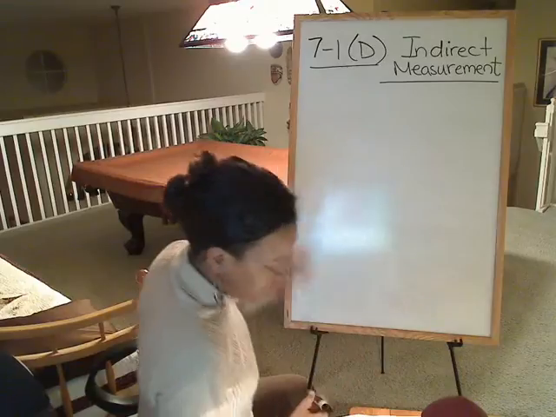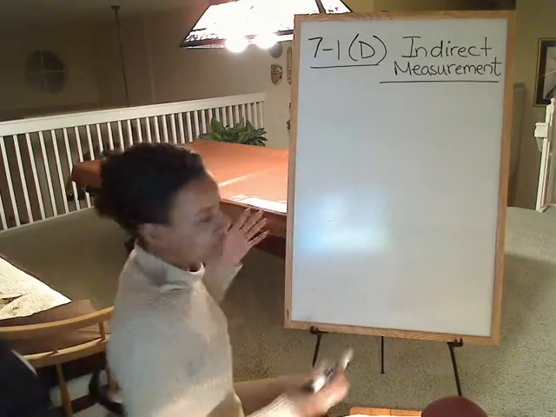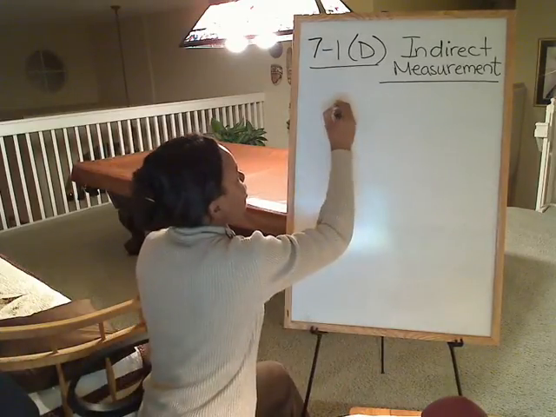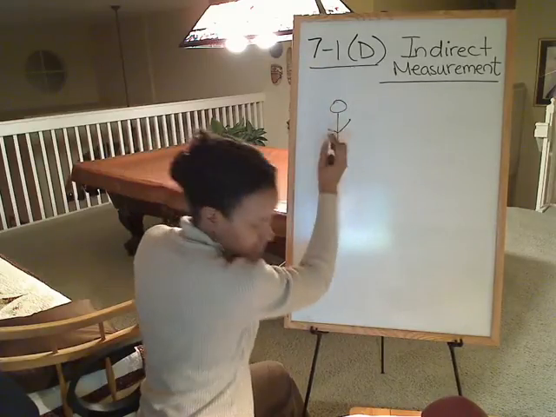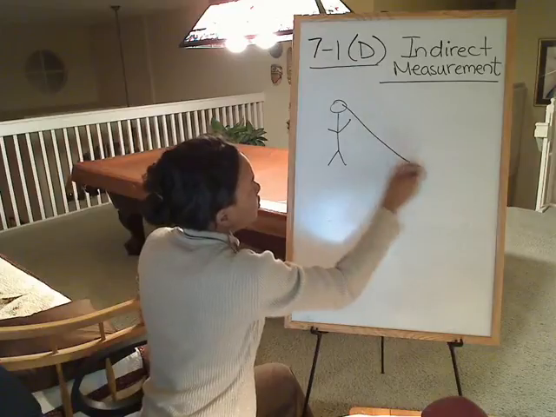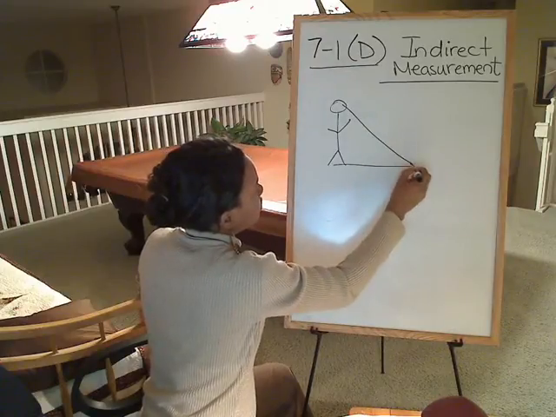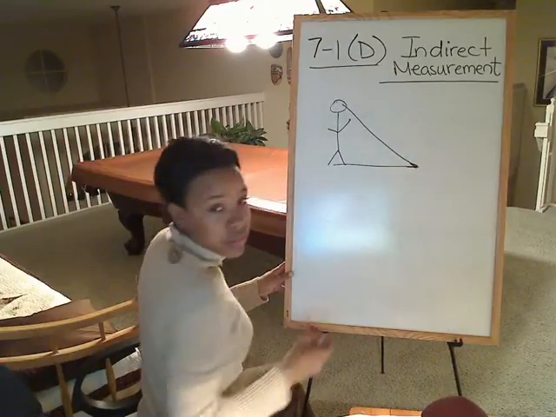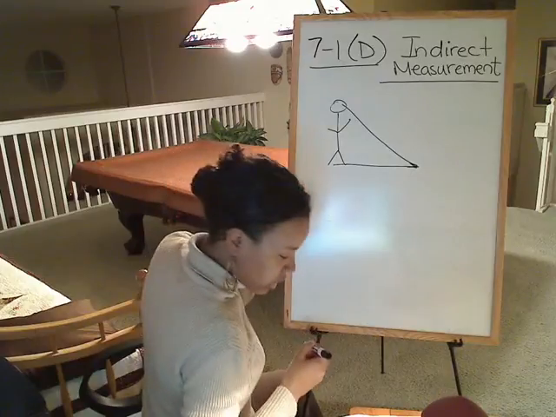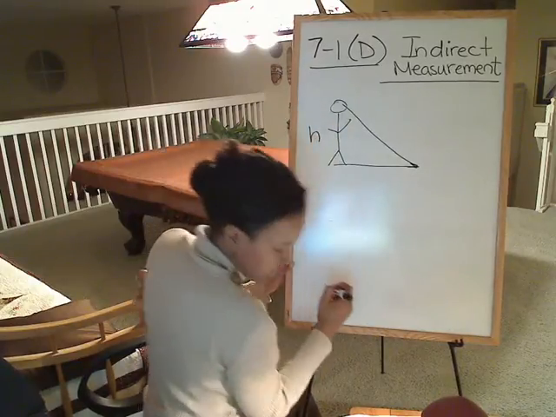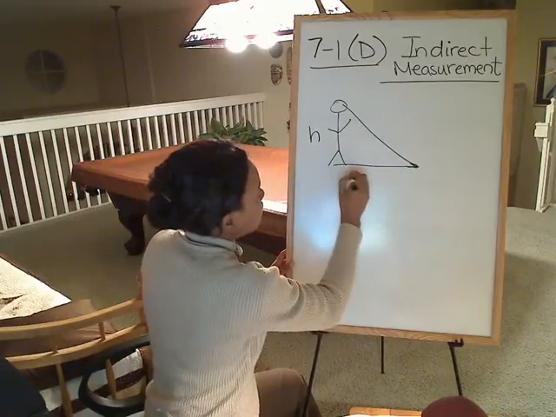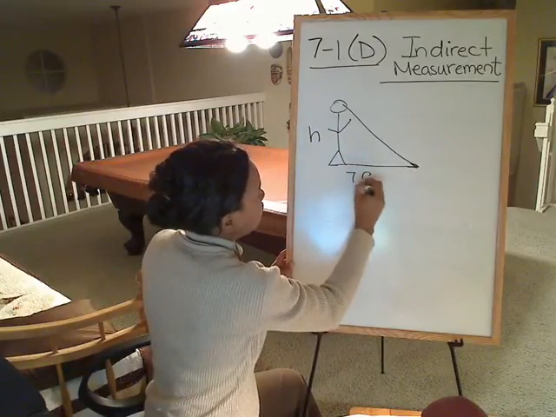You have one, and I'm just going to draw a stick figure. So that's one triangle, and you have the height, and this distance is 7 feet.